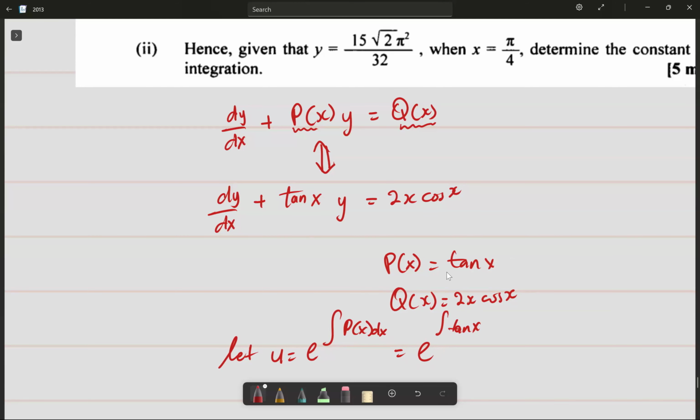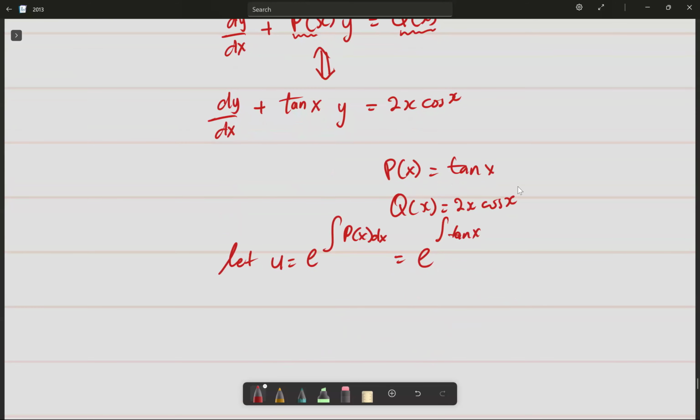which, if you know the integral of tan x, which you should be very well acquainted with, is equal to e to the negative ln cosine of x. So just to be clear, the integral of tan x is equal to negative ln cosine of x. This is something you should know, okay?